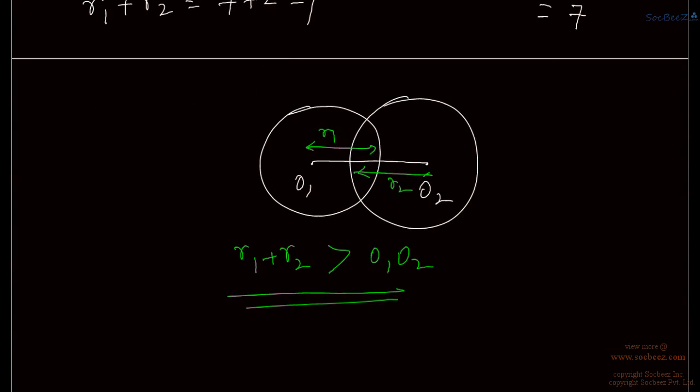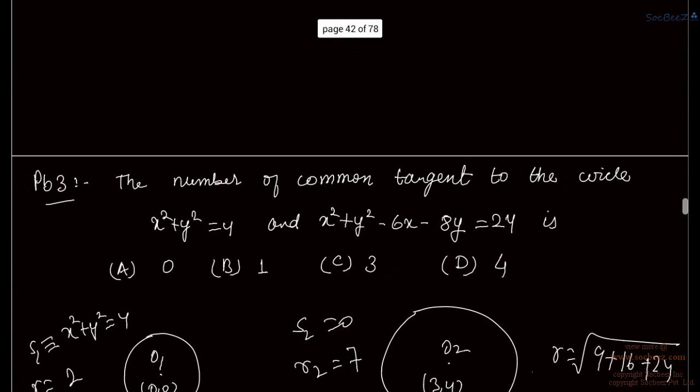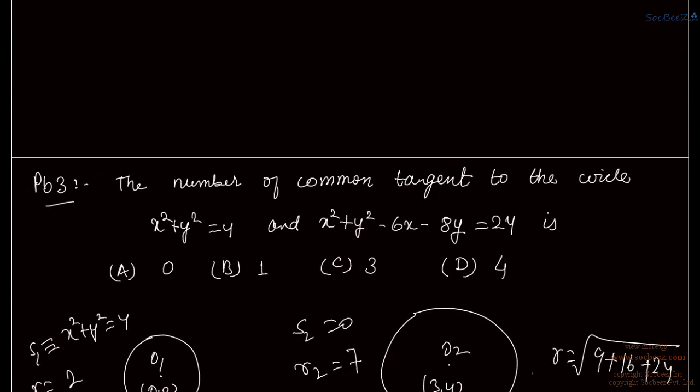So we have only two common tangents. One is this and the other is this. Okay. So two common tangents are possible. So the number of common tangents to the circles is 2. Here there is a mistake in the options.